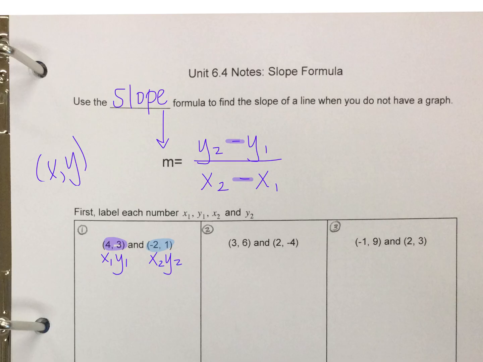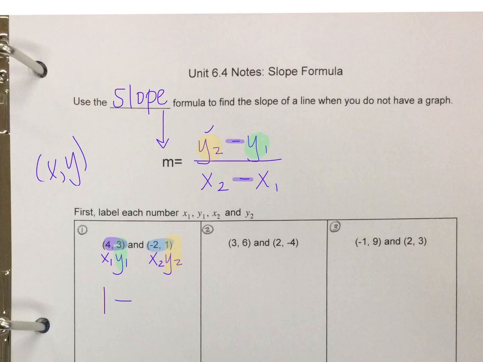So, I want to start with y2. So I'm going to go over here. y2 is the 1. So I'm going to start with the 1. And then I write my minus. Now I need to find y1.